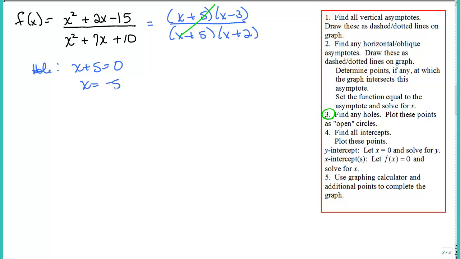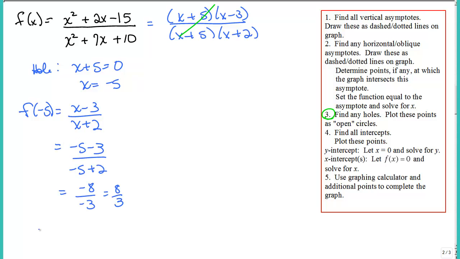So x is -5. And then remember, we need to evaluate or find the y value when x is -5 in the reduced function. So the hole I have found is when x is -5, y is 8/3. And I want to make sure that that goes on my graph.